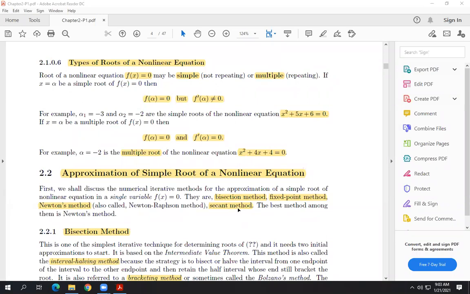And for the indirect group, you need 3 things to check. First, an initial solution should be given, and it is given by the teacher. You don't care. Second, the iterative method must be stopped. You need a stopping criterion, and it is also given by the teacher. Either he gives you the number of iterations, meaning the number of steps, or he gives you an accuracy of 10 to the minus something.